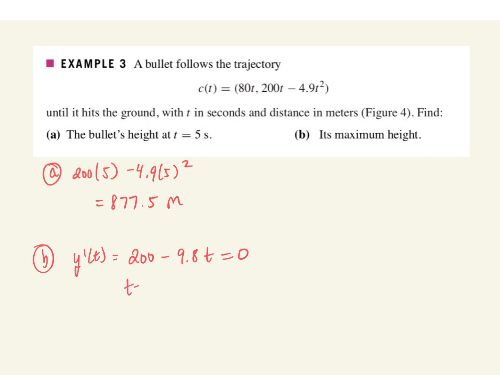Because this is a quadratic, the 200 is my b, the 4.9 is my a. When you do the derivative and then solve that linear equation, it ends up being negative, right here, 200 over 9.8. So there's our b over 2 times a.